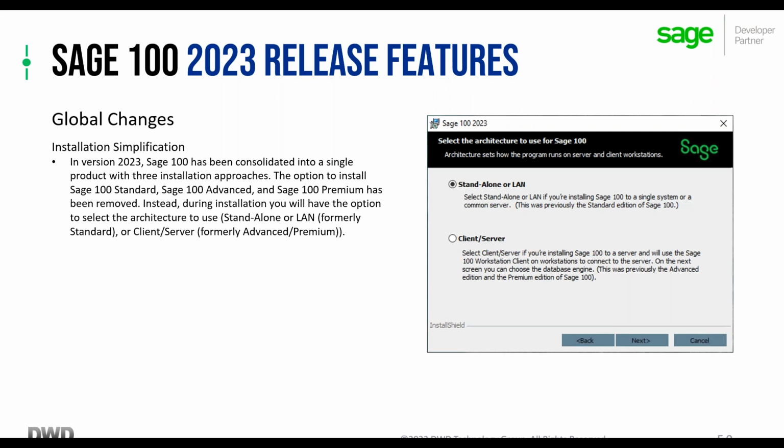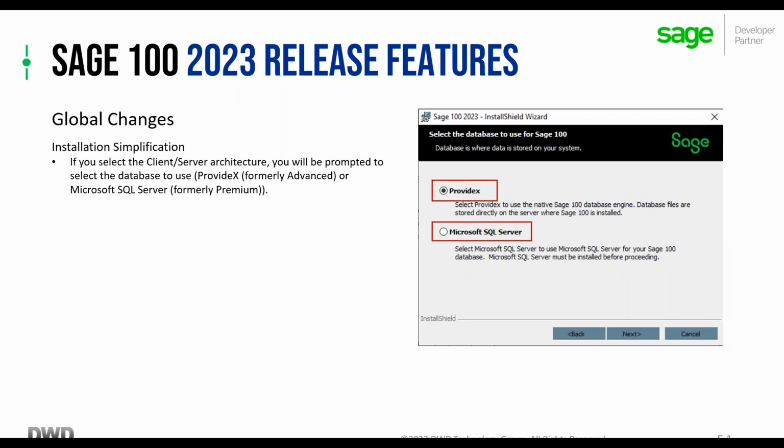And the difference between Advanced and Premium has to do with the back end of the database. So the back end being a ProvideX database, which is what Advanced comes with, or if you purchase Microsoft SQL Server, Sage 100 Premium converts from ProvideX to use the Microsoft SQL Server database.